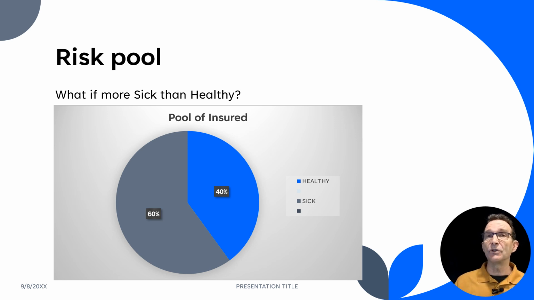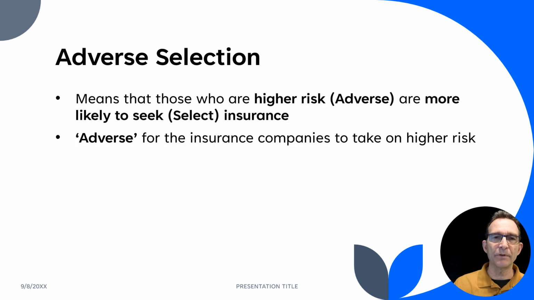What do they need in order to maintain profitability and to be able to cover the risks they're taking on by covering people for loss of life, or for loss of health on the health insurance side? I just wanted to do that little bit of review about risk pools as background. So, what is adverse selection?